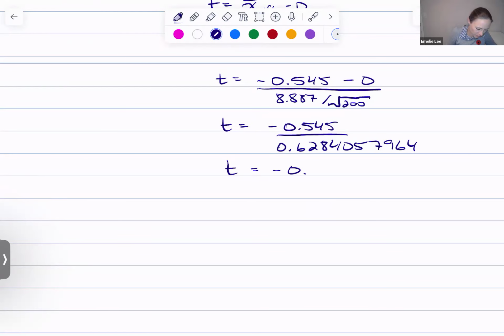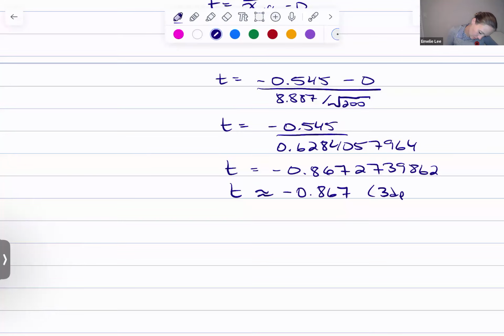I get negative 0.867. So t to 3 decimal places, because you have to keep at least 3, is negative 0.867. That's to match the table. You don't have to memorize that. You can just look at the table and say, oh, I need to match it.